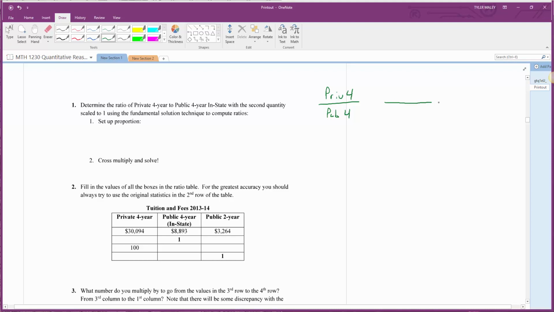Alright, so I'll set up my proportion. Anything in the top will be related to private four-year, and everything in the bottom will be related to public four-year.